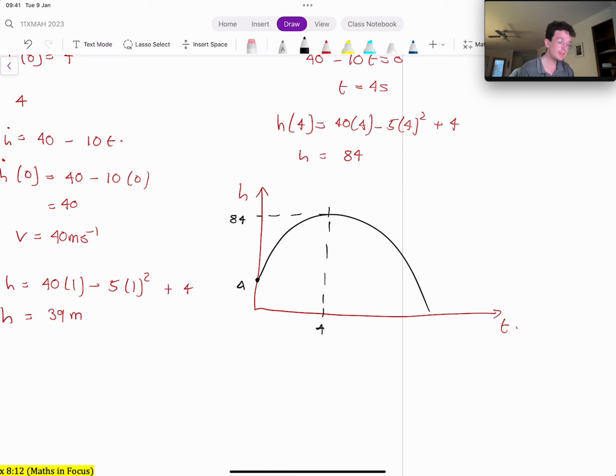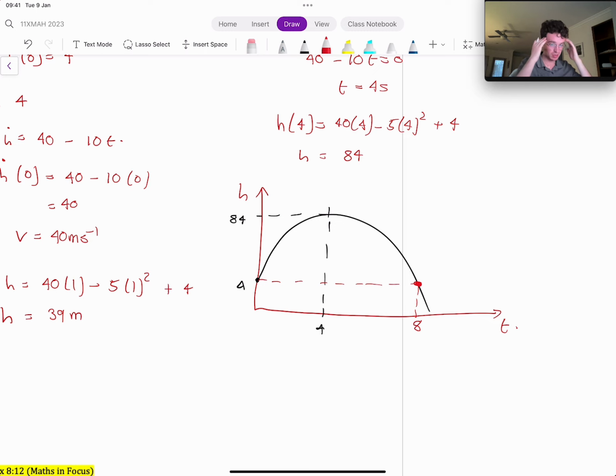Now, something that's interesting to note is that if we go right across here, at this point here, this will be at 8 seconds. If you fire a projectile up, we know that its maximum height is at 4 seconds. So the time it takes for an object to go from its starting point to its maximum height is 4 seconds.